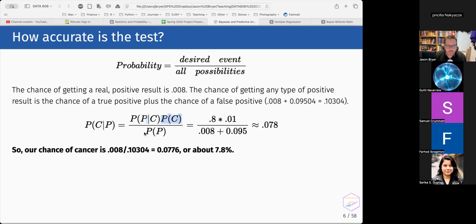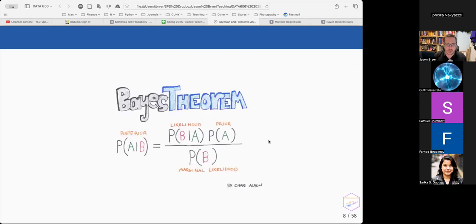We know the probability of cancer and the probability of a positive test. So if you get a positive test, then really it's a 7.8% chance that you have cancer, not 10% as you might intuit. And so Bayes' formula allows us to get conditional probabilities when we know the other conditional probabilities.